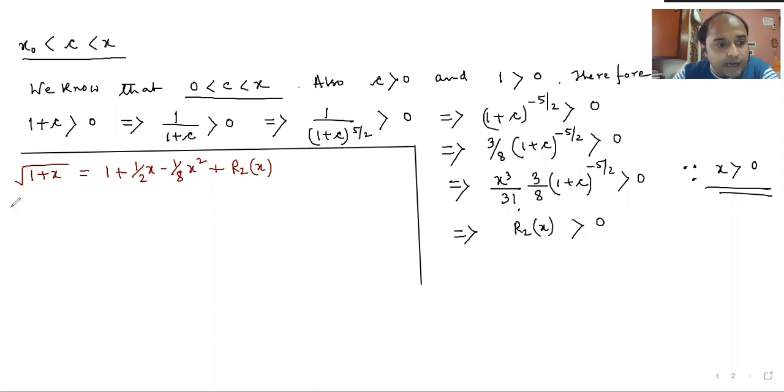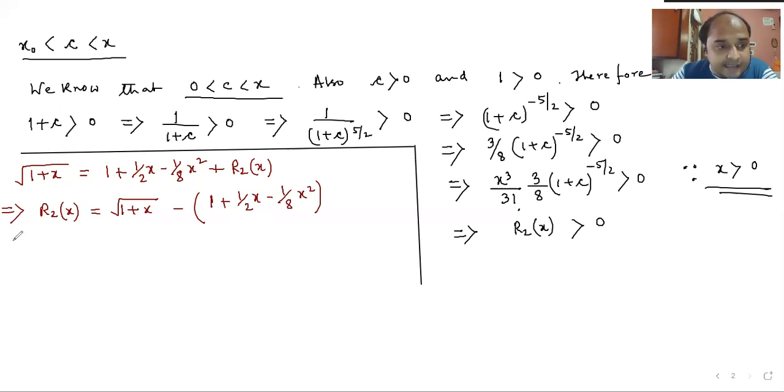So from there I can write R2x as square root of 1 plus x minus 1 plus half x minus 1 by 8 x square.